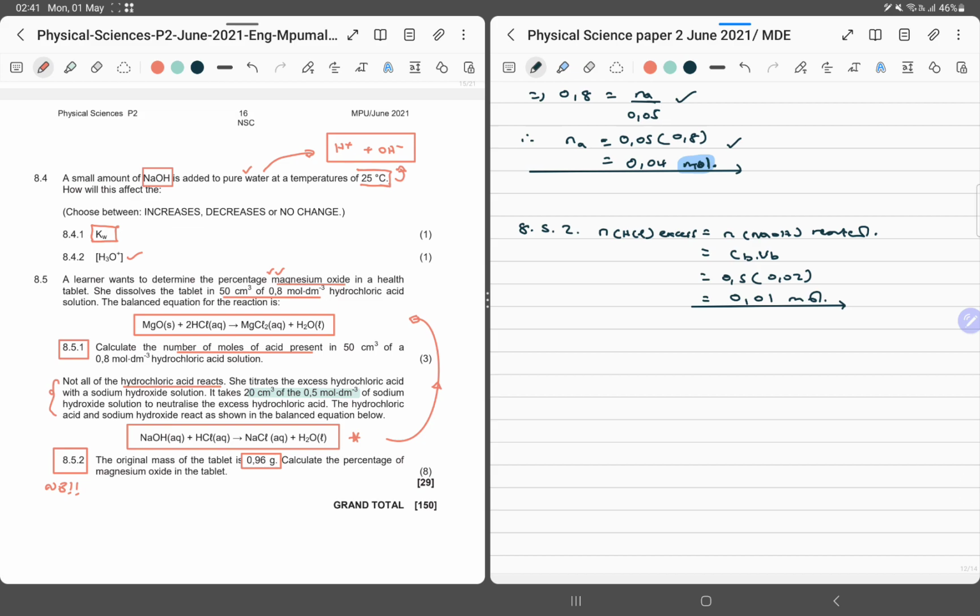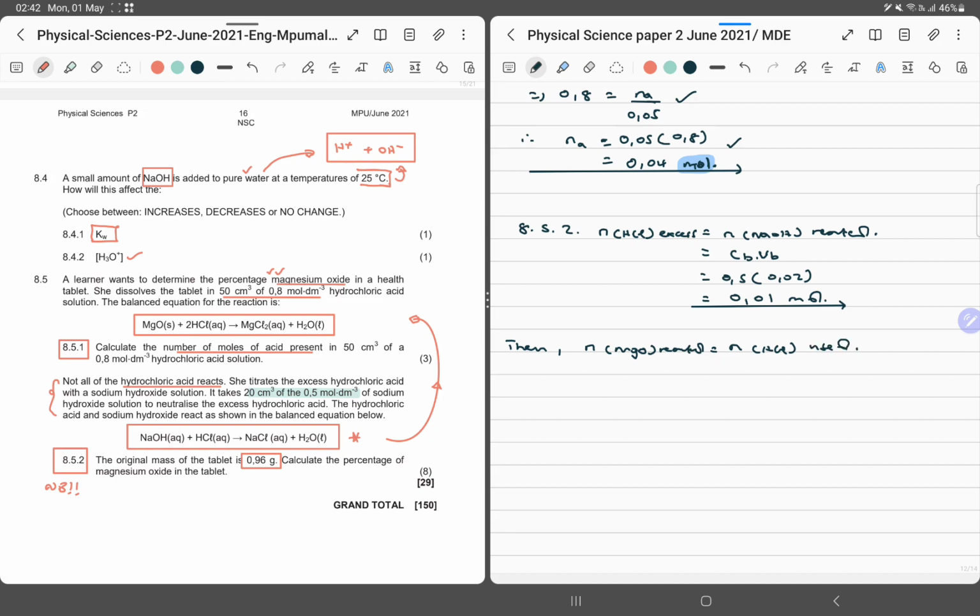But now we want to be smart about it. We're going to try and make this as comprehensive as possible. We're not really interested in the number of moles of hydrochloric acid per se, but we want to use them as a means to an end. So if we want to make a smart argument, we're going to say, therefore, the number of moles of magnesium oxide that reacted is equal to the number of moles of HCl that was used.